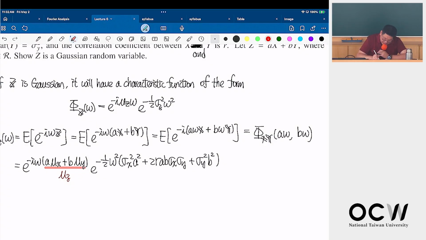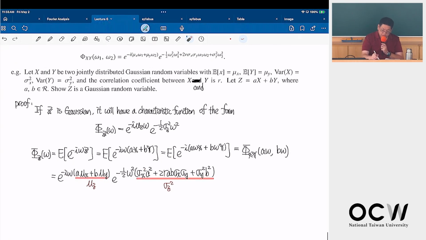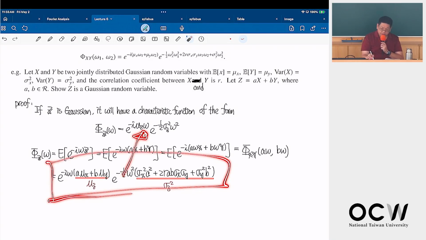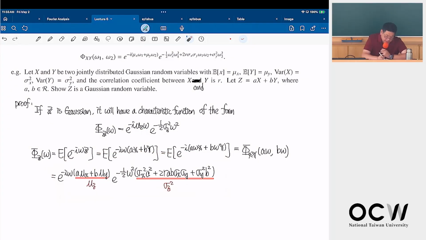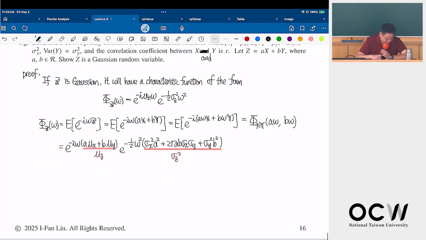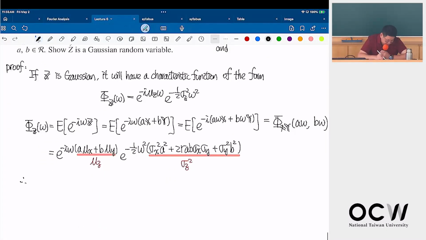And for the second part, we can think of this combination as sigma Z squared. So overall, compared to here, this is the Gaussian characteristic function. So Z is Gaussian.